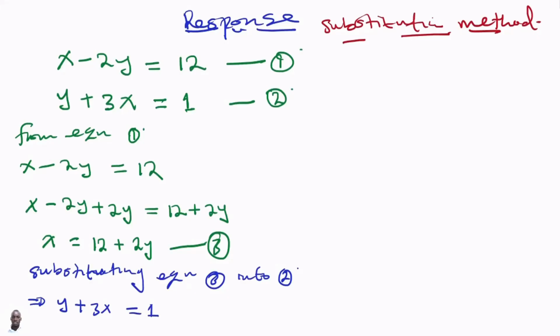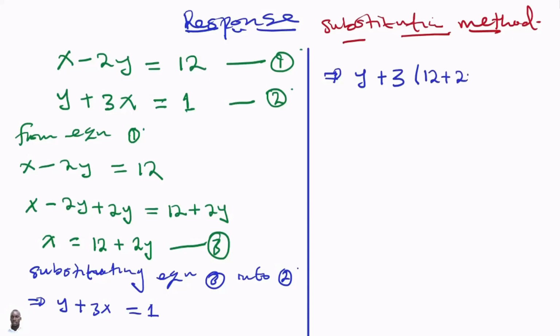Since we are going to substitute, we are going to have y plus 3 multiplied by x, of which it is 12 plus 2y, equaling 1. Let us simplify this. So we have y plus 12 times 3 to give us 36, plus 3 times 2 giving us 6y, equals 1.